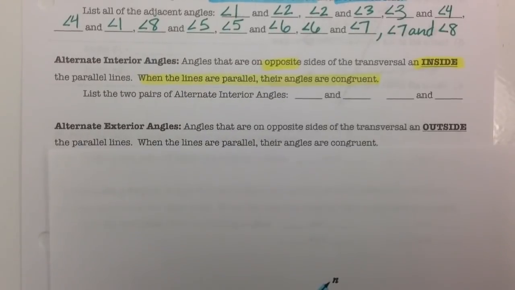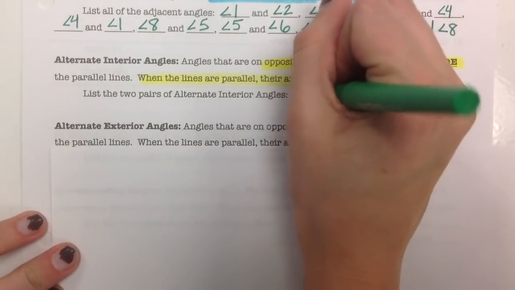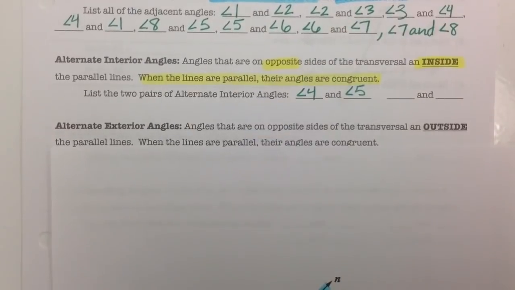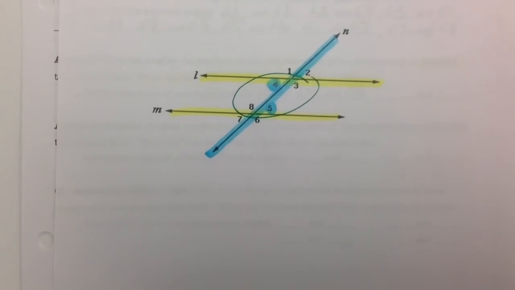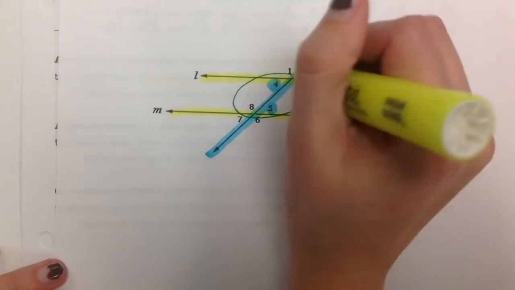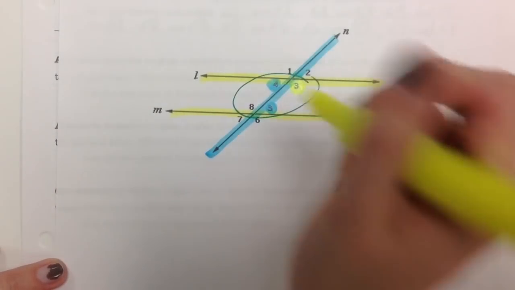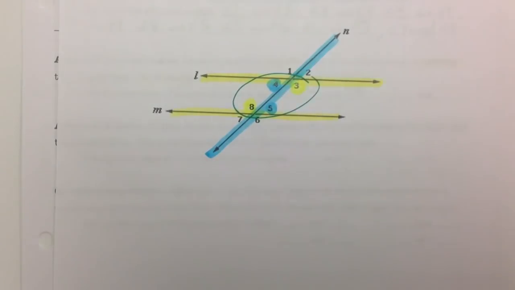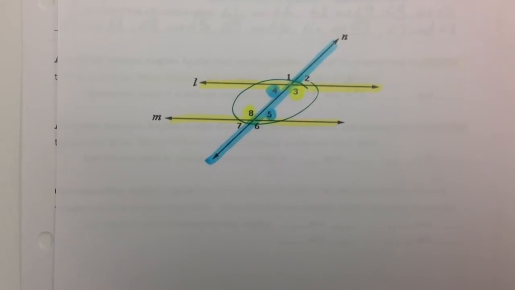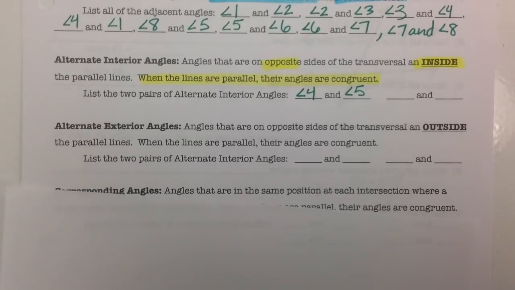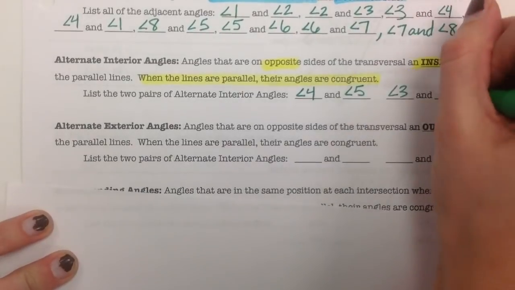So angle 4 and angle 5 are alternate interior angles. And the other ones that we would see right here, we've got angle 3 on the opposite side of angle 8. So those are the other pair of alternate interior angles. So angle 3 and angle 8.